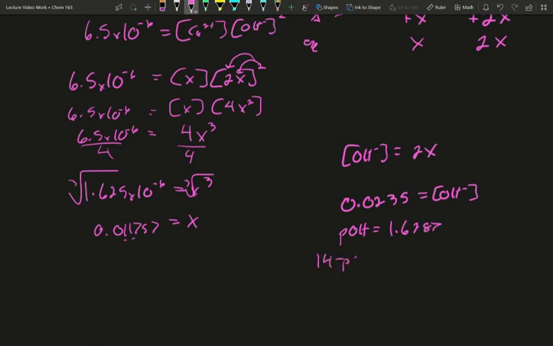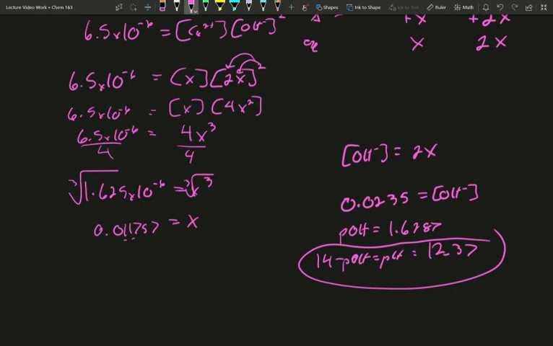So 14 minus the pOH would equal our pH, which is 12.37. If you put calcium hydroxide solid into a container of water and just let it equilibrate, dissolve as much as it will, it'll successfully dissolve until 12.37 is the pH.